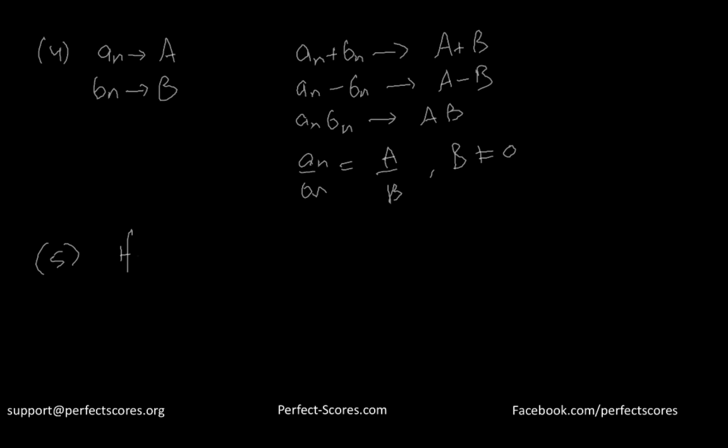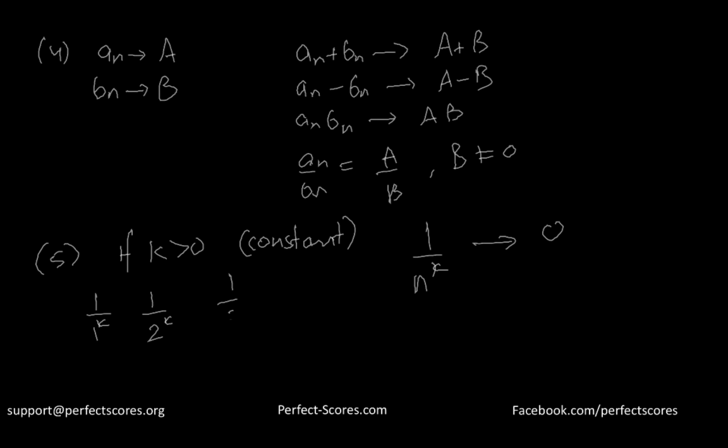Another thing, it's kind of a standard rule: if k is greater than 0 and k is a constant, then 1 over n raised to the power k will converge to 0. And that makes sense, because 1 over 1 raised to the power k, 2 raised to the power k, 3 raised to the power k, this is going to converge to 0, because 1 over infinity raised to the power k is going to be 0.